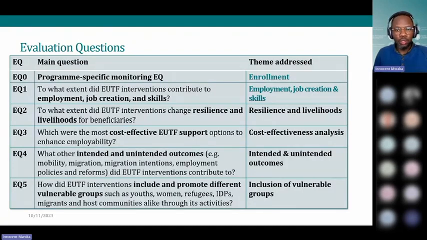For this illustration, I won't go through all, but I want to illustrate a case on the question whether the program enrolled a certain number of people, or rather the target group, and if not, why not? And also illustrate, for triangulation purposes, the employment and job creation evaluation question.